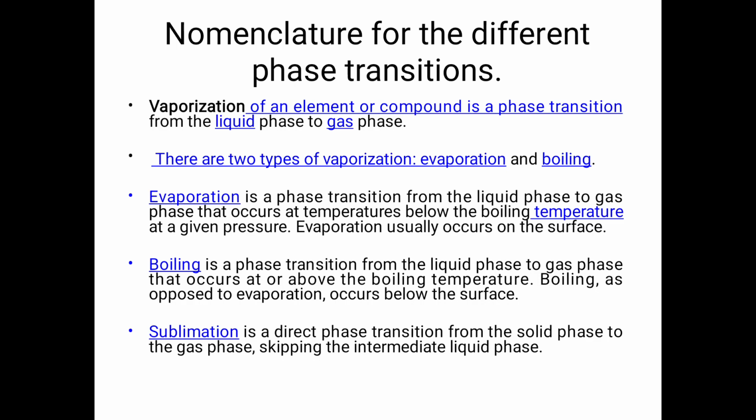So evaporation occurs below the boiling point temperature at the given pressure, and boiling means above the boiling temperature. Sublimation is a direct phase transition from the solid phase to the gas phase. There is no intermediate change; it skips the intermediate liquid phase.